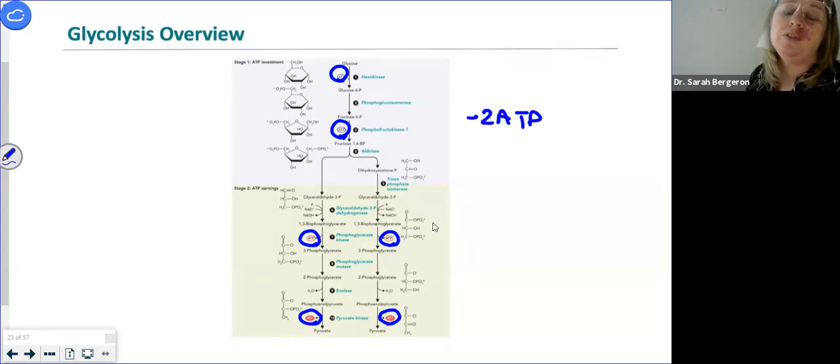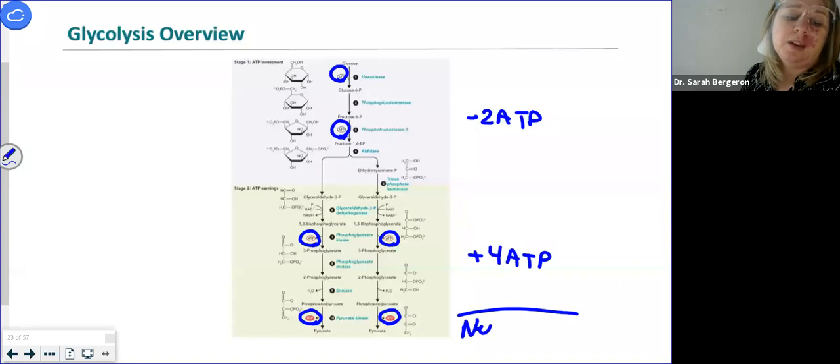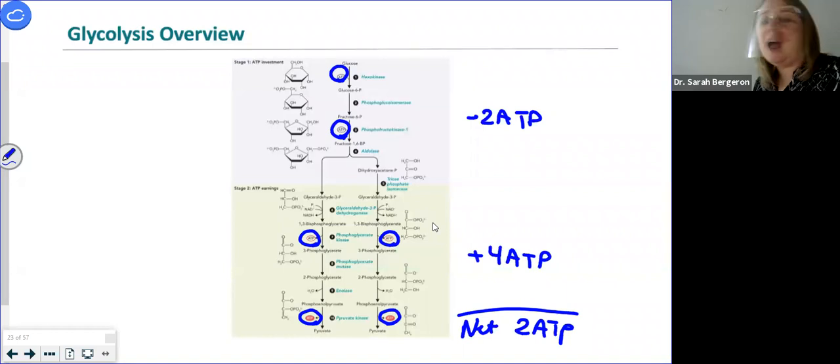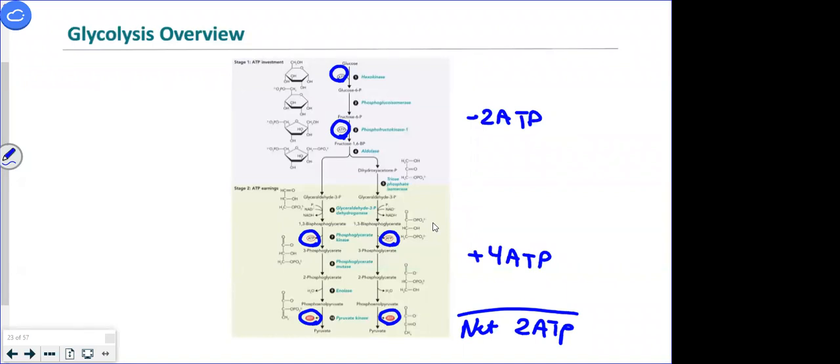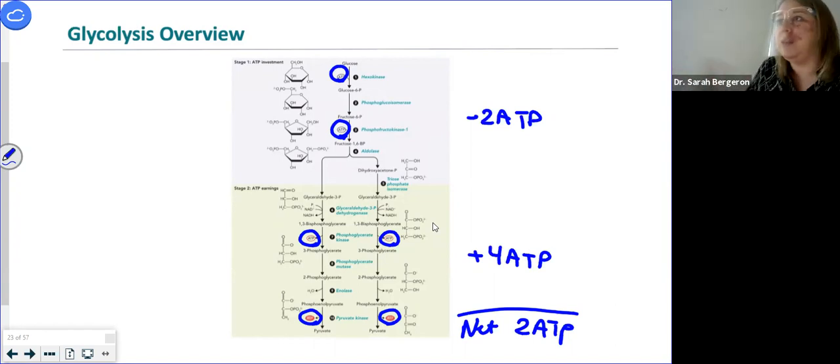How much do we produce down here? 4, for a net of what? Net of 2 ATP. That's why they put these ATP as black are investment, red is earnings, but full red circle is basically the net that you're going to get, right?